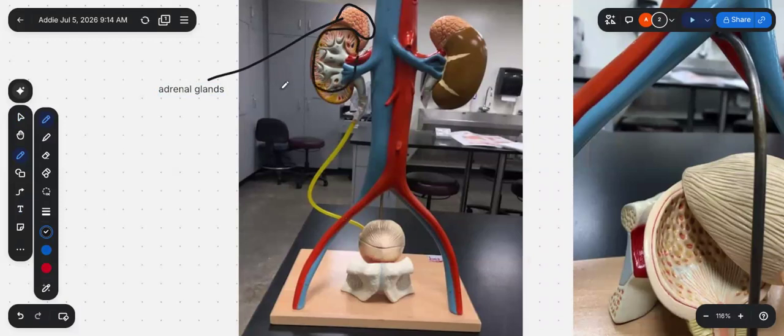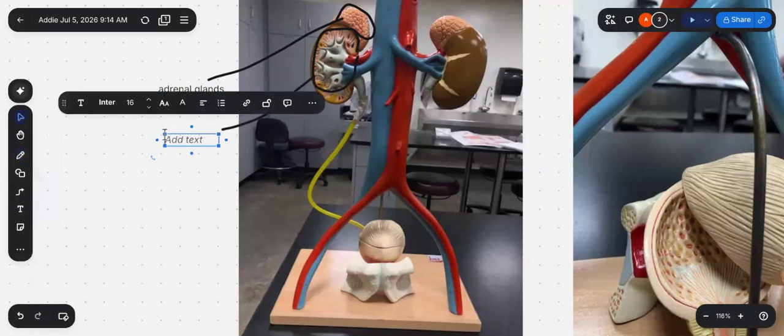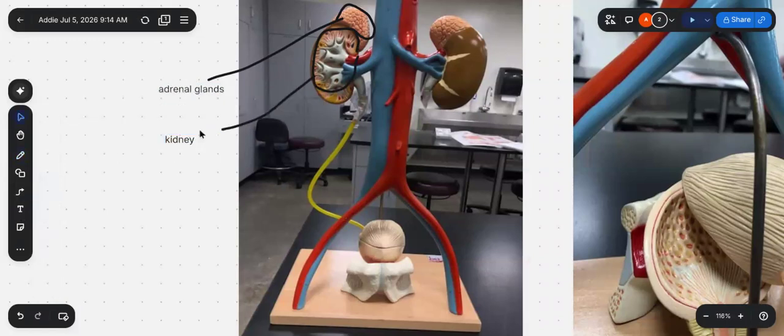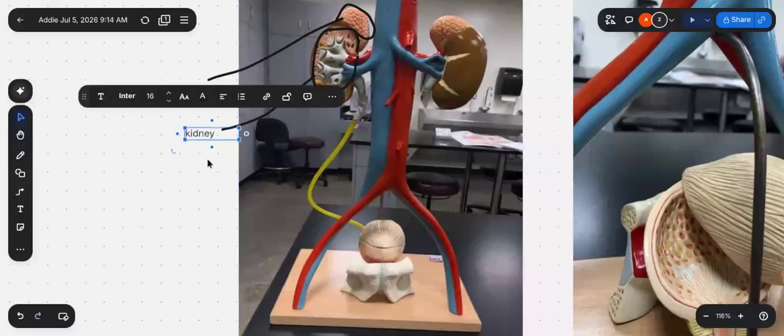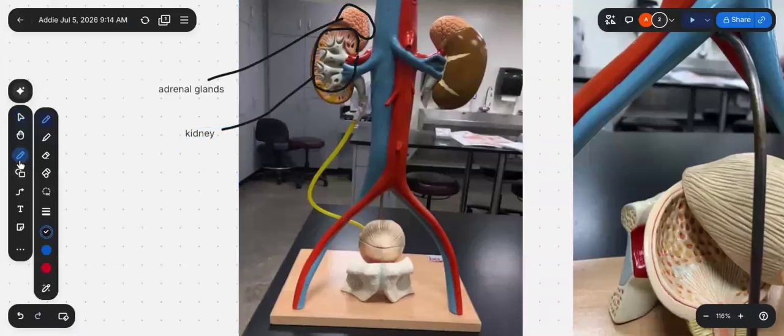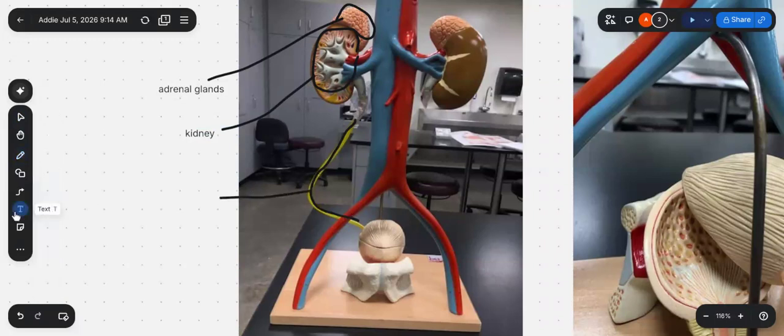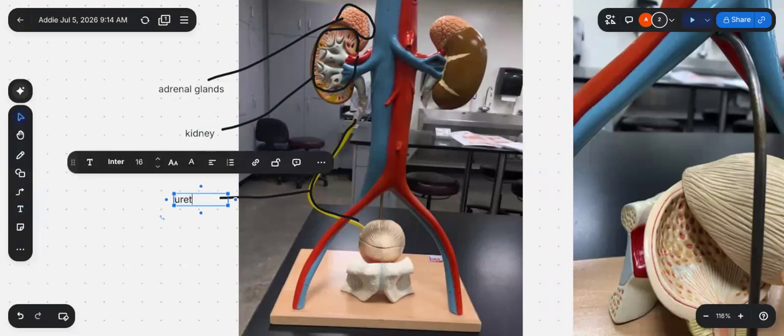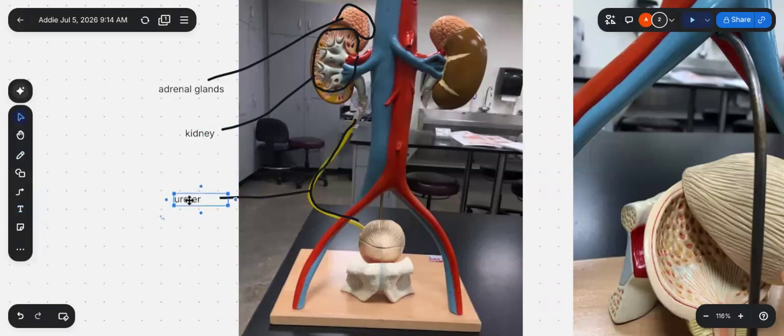This bean-looking shape over here is your kidney. This one is a cross-section of a kidney, so you can see the internal structures, but you don't need to know them until the urinary unit. This yellow tube over here is your ureter, and you are going to have one on each side. So you're going to have two ureters in total.